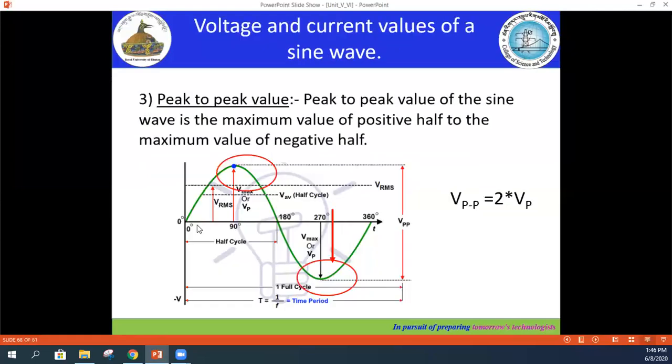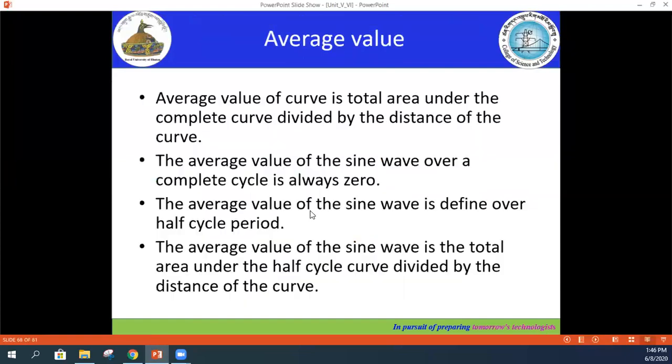Now let's consider the waveform here. If you're considering this waveform and trying to find the average value, then we have to find the area under this curve. Only then will you get the average value. Now in order to find the average value, we always take only half a cycle.